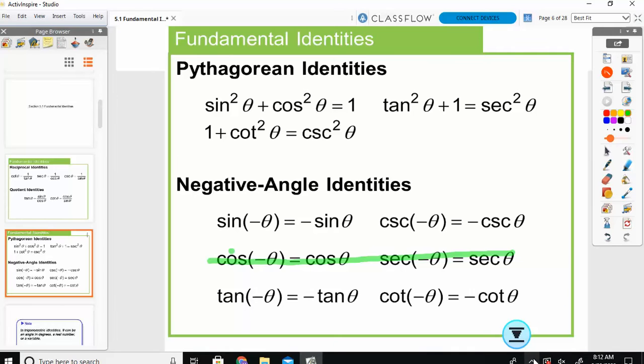That's the even and odd idea we did in chapter 4. These identities are true whether your angle is in degrees or radians. We're just going to be taking trig identities and manipulating them today to turn them into something else.